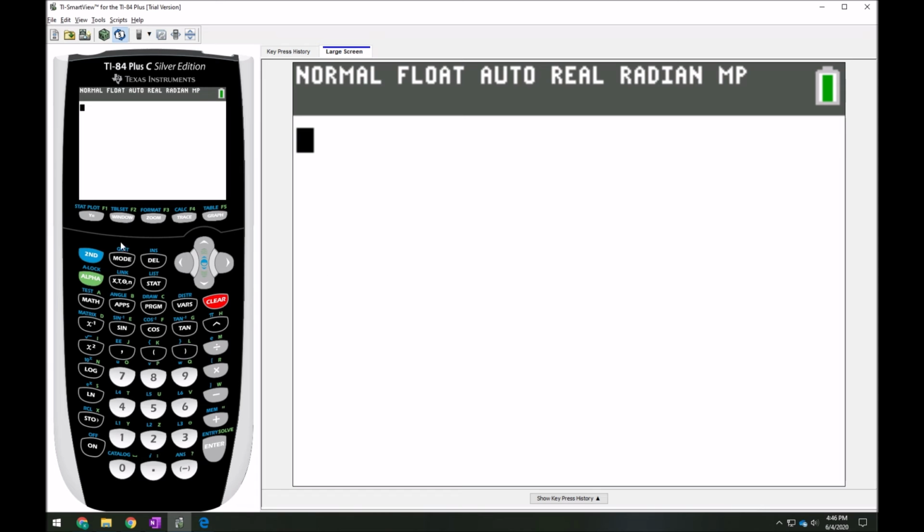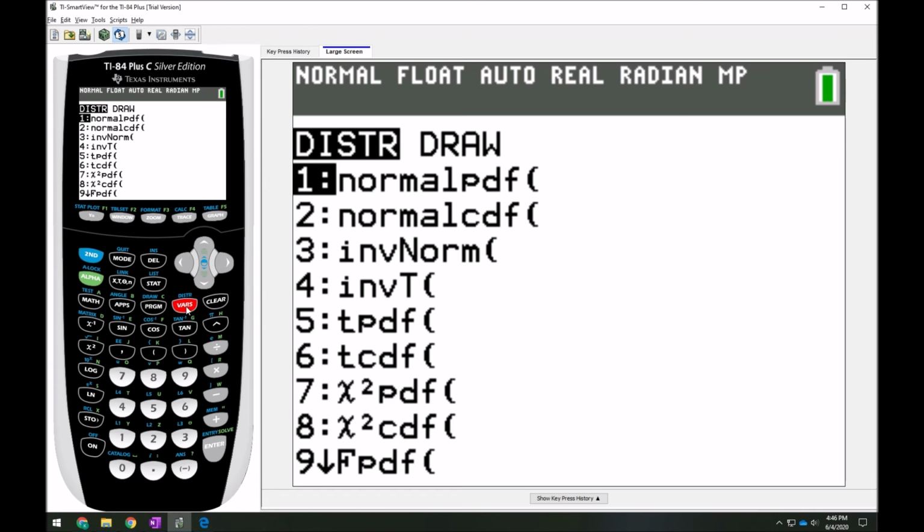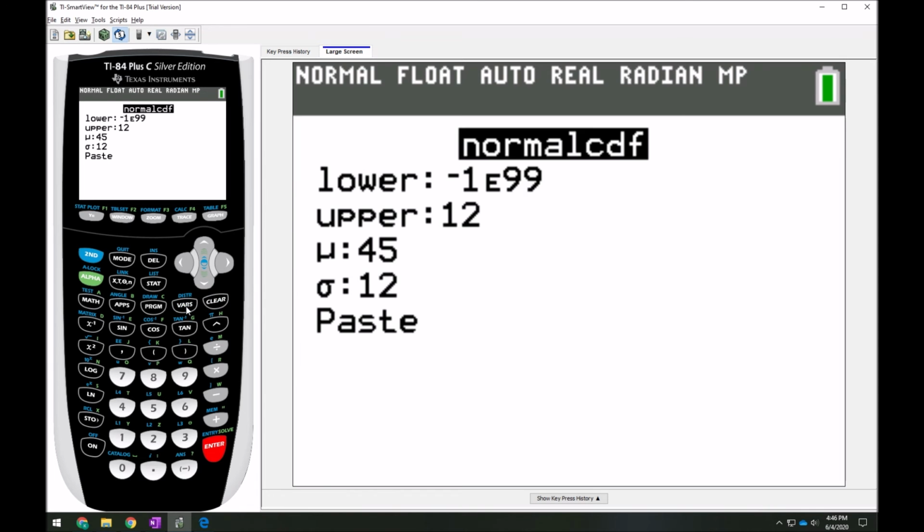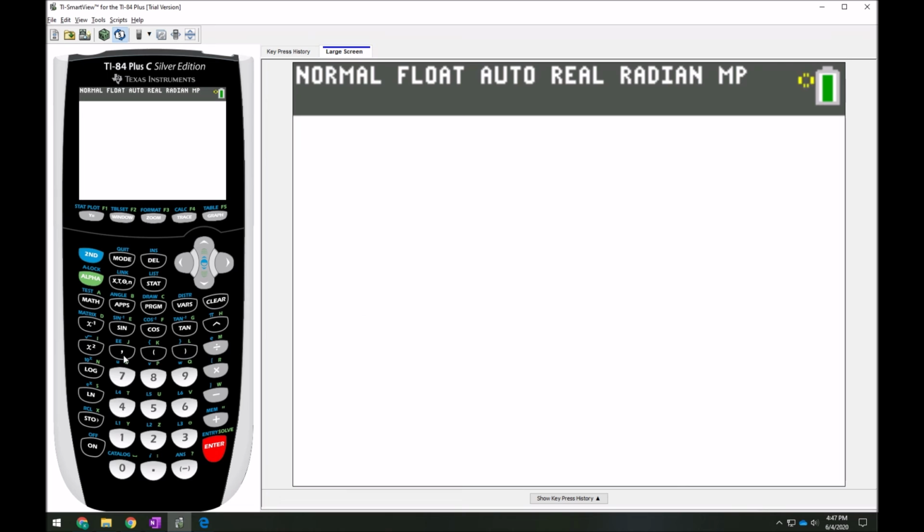Okay, so on the calculator, I can click second, vars, go to normal CDF. I know that I want to go from a negative 0.5 up to a 1E99, and then I want to do 0 for my average, 1 for my standard deviation. Remember, I'm picking all these numbers from the second picture.